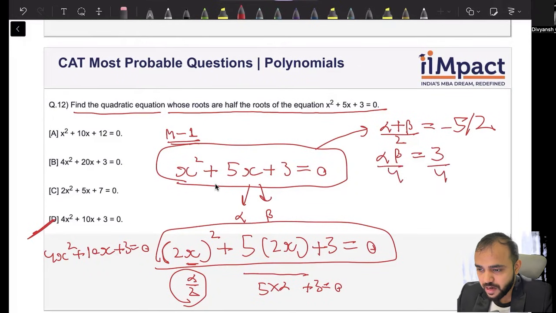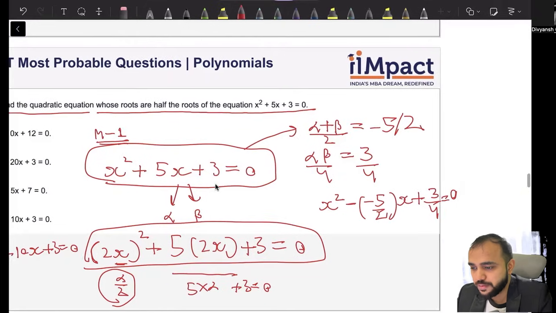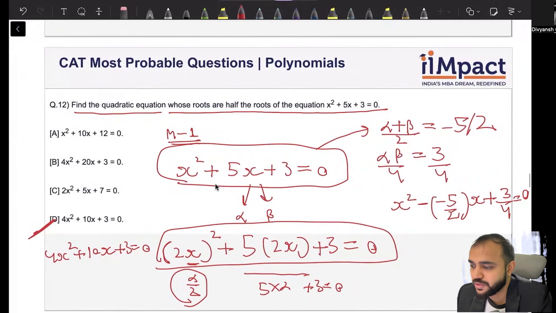So these are the coefficients of this quadratic. So x square minus 5 by 2 x plus 3 by 4 is equal to 0. This is going to be my new quadratic. And if I take 4 as an LCM, I will get 4x square plus 10x plus 3 is equal to 0. So the same answer.